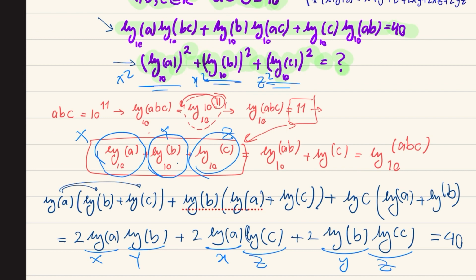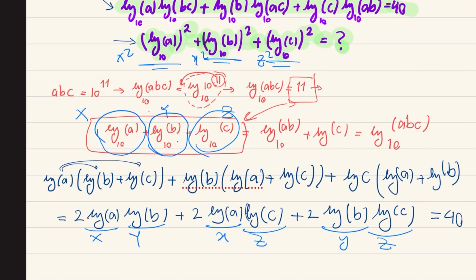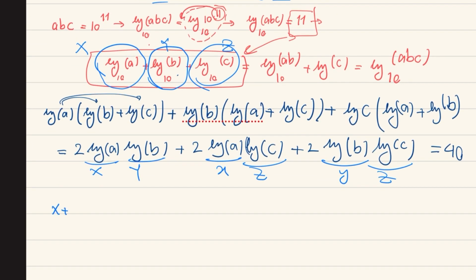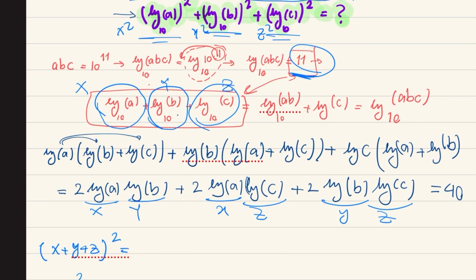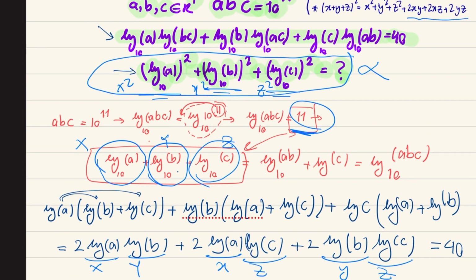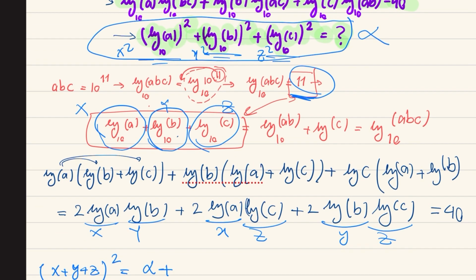And we know the value of x plus y plus z, so (x plus y plus z) squared, from this we know it is 11, so 11 squared is equal to this term that we have here, I call it alpha, is equal to alpha plus the remaining terms that we have here.